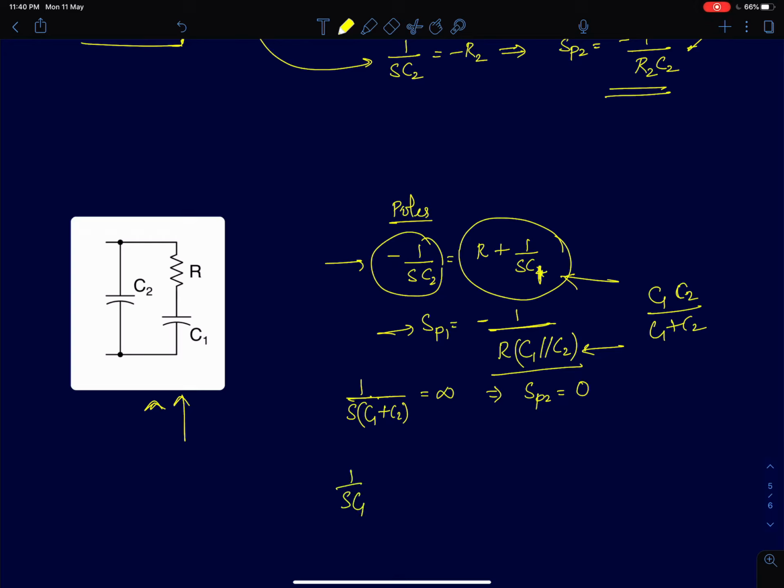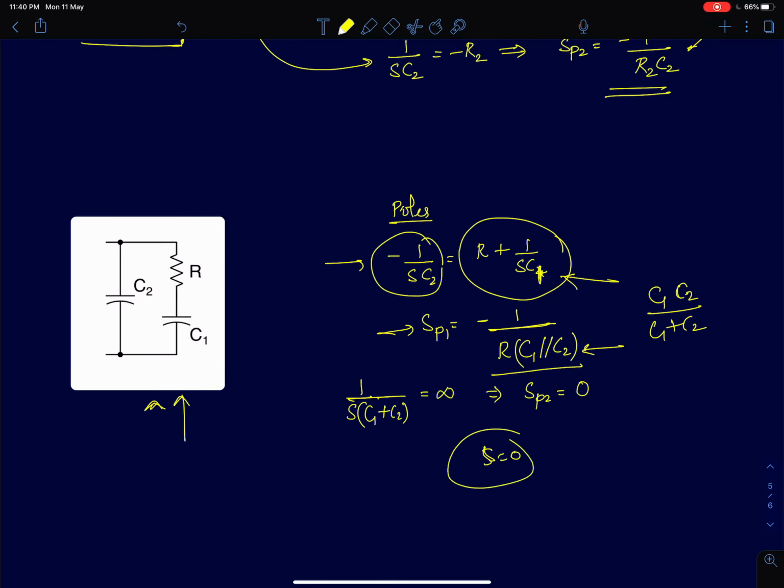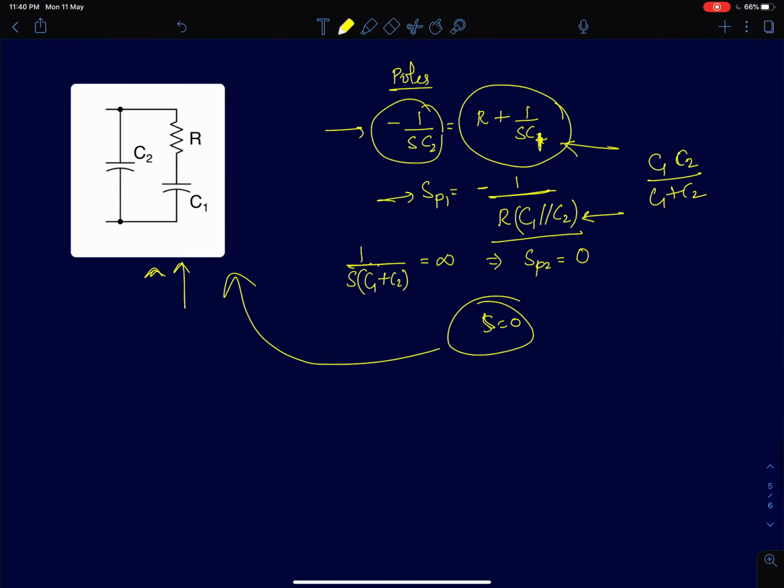At the same value, the impedance of C2 will also be blowing up to infinity. So at DC, that is at S equal to 0, this circuit has a pole, because both the branches, R and C1, and C2, blow up to infinity, since the capacitor C2 impedance is 1 by SC2.